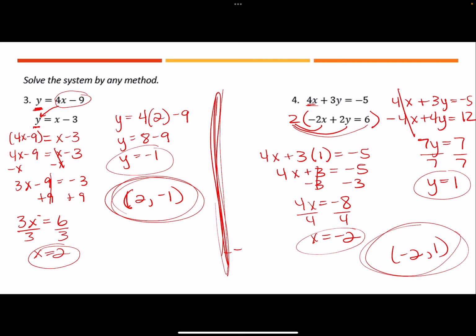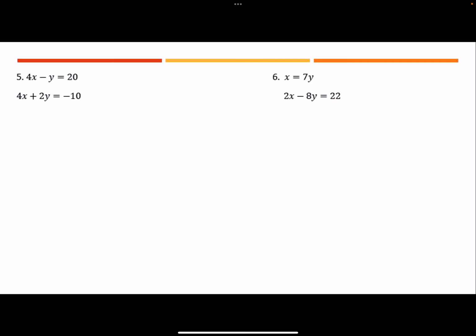All right, so now that we did a couple problems together, I want you to try some on your own. So here's 5 and 6. You can pause the video at this point and try this problem.